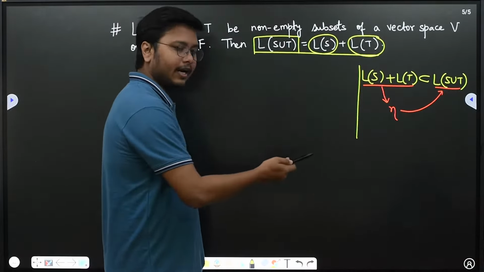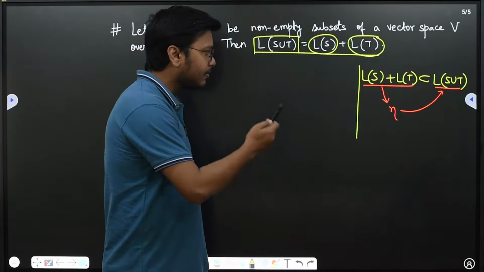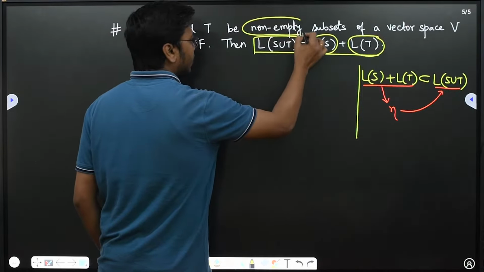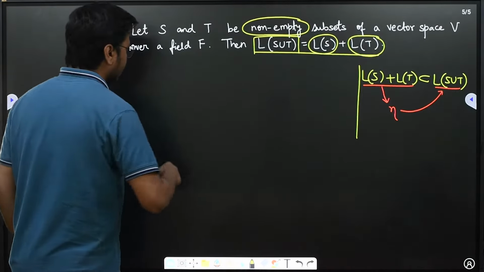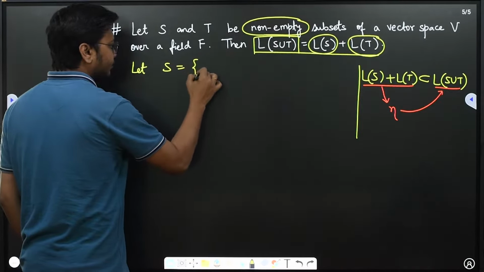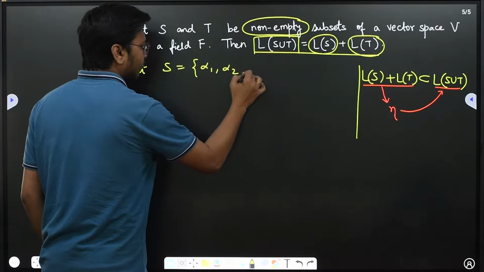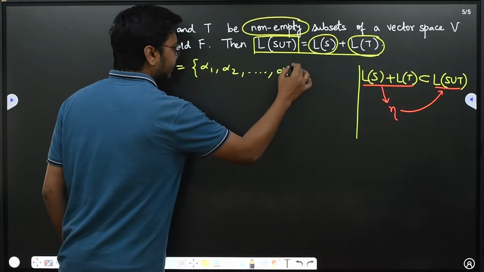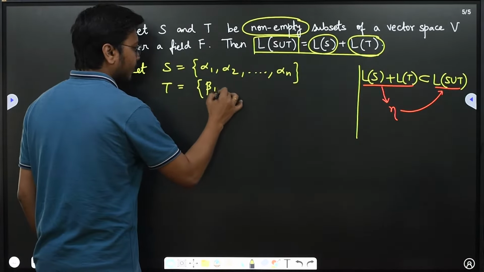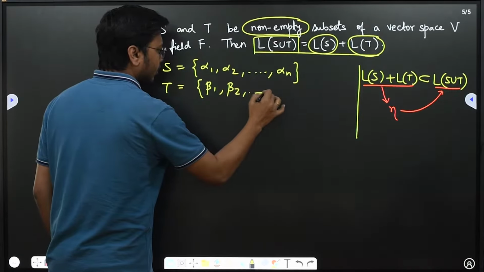So in order to do that, first I need to define my S set and T set. Now it is given to me that both are non-empty subsets of the vector space. So let me define that, let S equals alpha 1, alpha 2, dot dot dot, alpha n, and T equals beta 1, beta 2, dot dot dot, beta n.